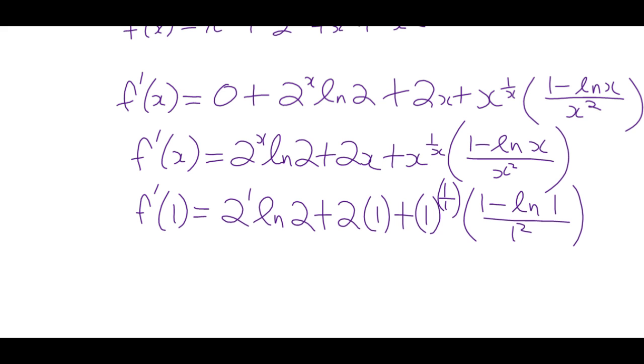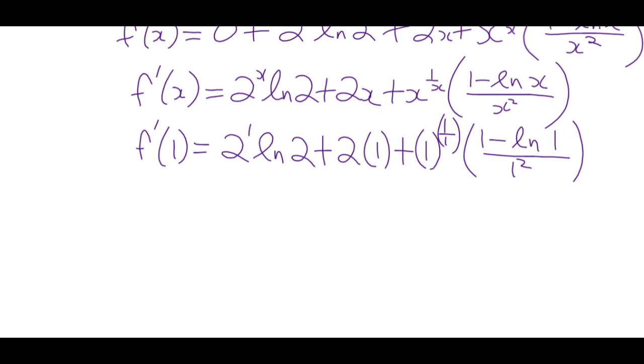Okay, so 2 to the 1 is 2, ln 2 is ln 2, plus 2 plus, that's 1. That's 1 minus, ln 1 is 0, right? Anything to the 0 is 1. So this is 1 minus 0 over 1 times 1.